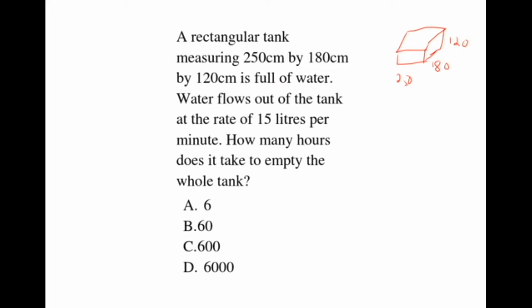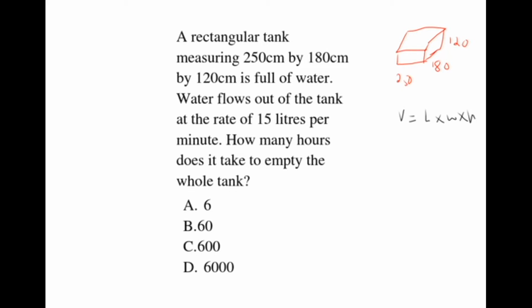Then we are told that water flows out of the tank at the rate of 15 liters per minute. Therefore, first, let us get the volume of this rectangular tank. Our volume here will be given by length times width times height.